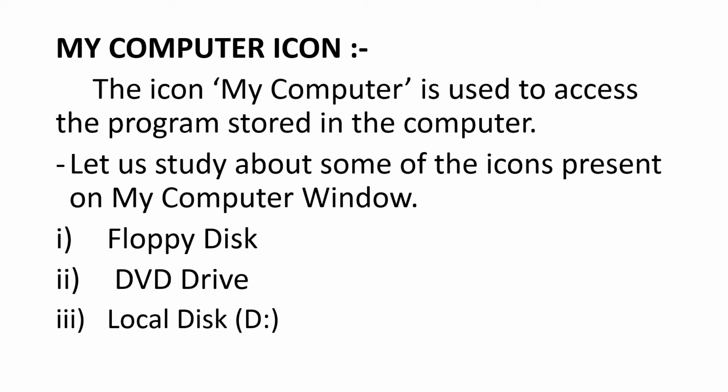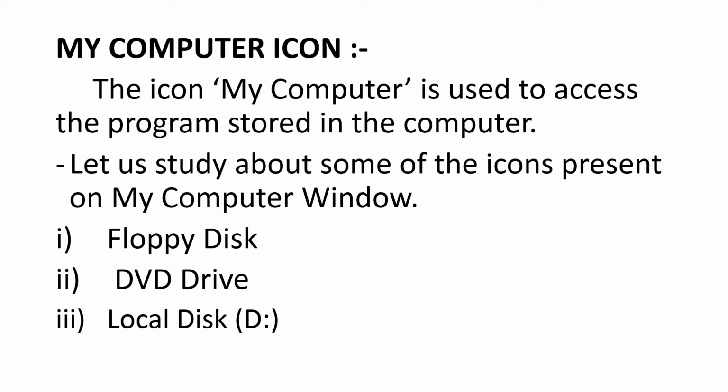Next is the local disk. This icon shows that your computer has a hard disk drive. When this icon is double clicked, a window containing a list of files and folders in the hard disk appears on the screen, including the whole operating system and any of the folders.